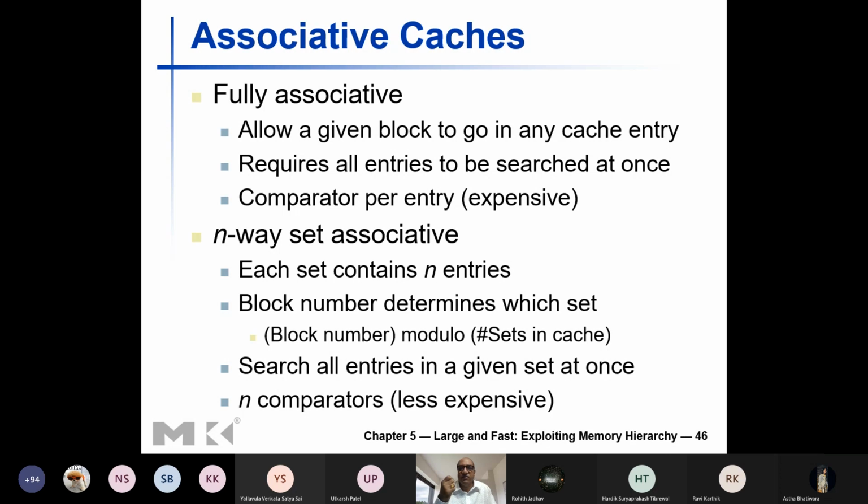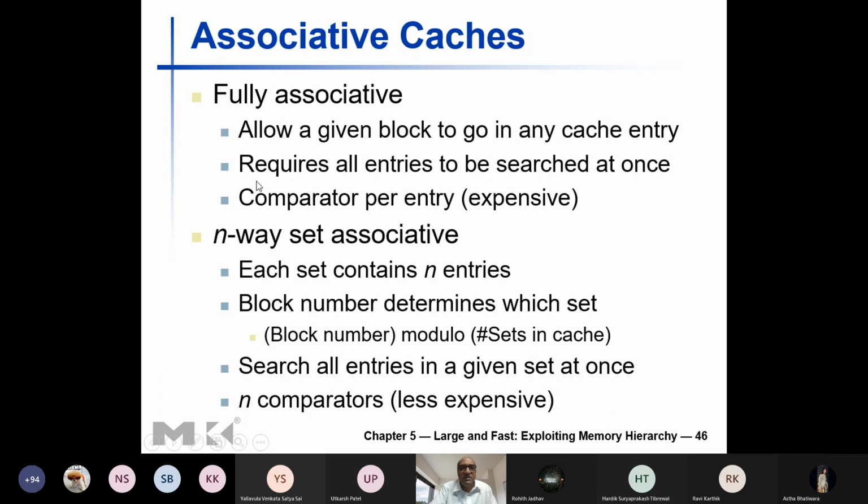Otherwise, you have to replace whatever block is present with the desired block. But here it's not that way. In a fully associative cache, because it's so flexible, any block in the main memory can be placed anywhere in the cache. So that is one advantage of the fully associative cache.